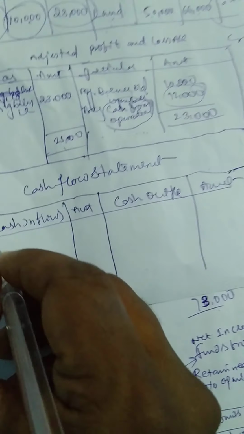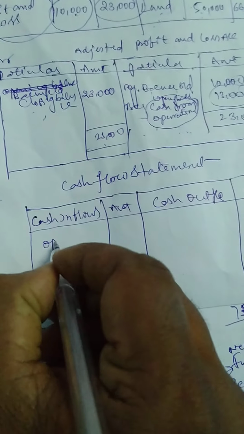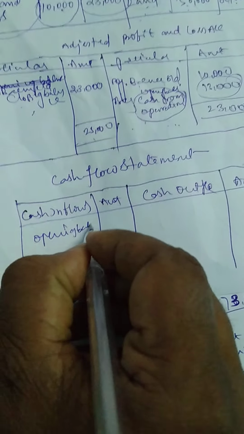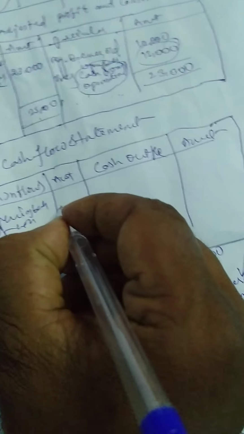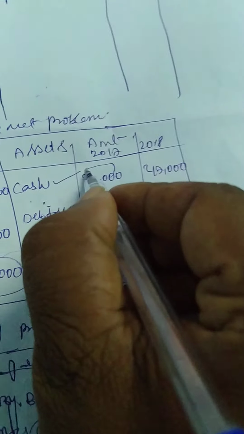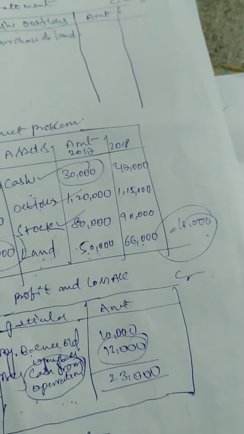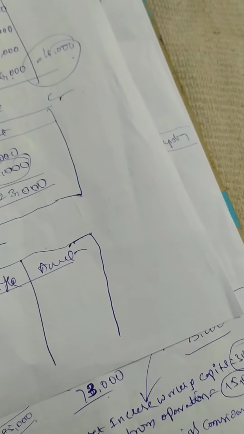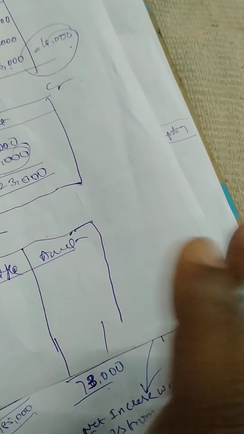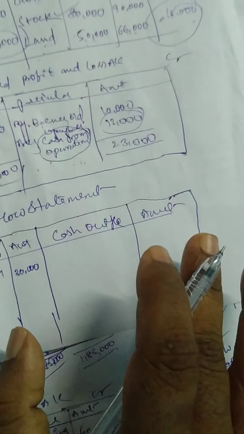So here the opening balance of cash, how much? 30,000, this is the opening balance of 2017. Next, the closing balance goes here at the end. Okay, next, debtors.